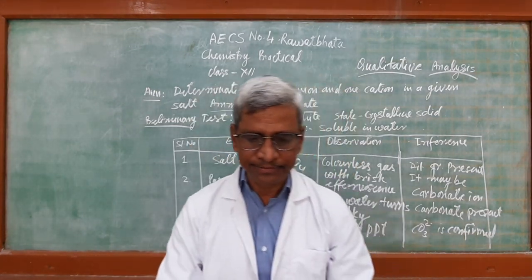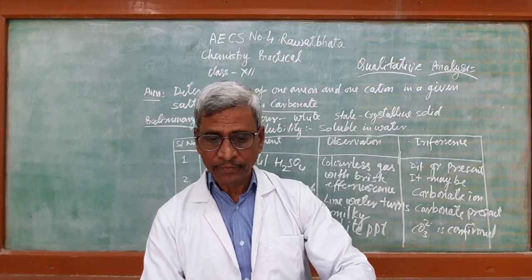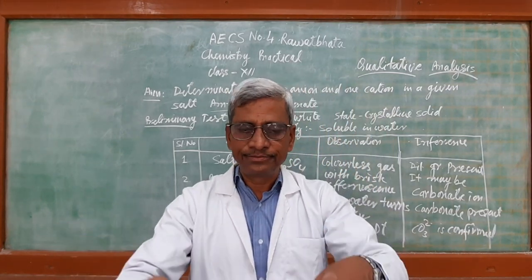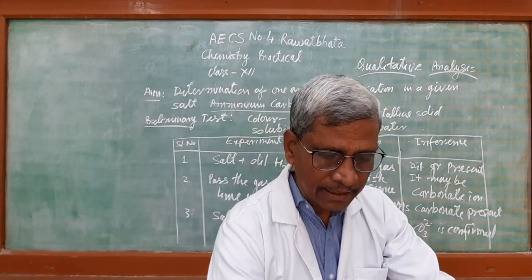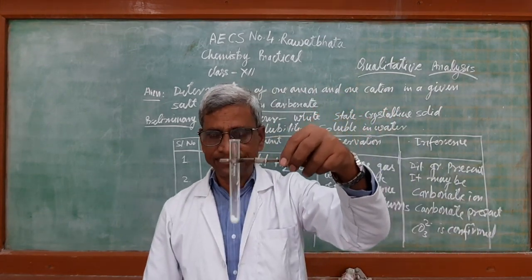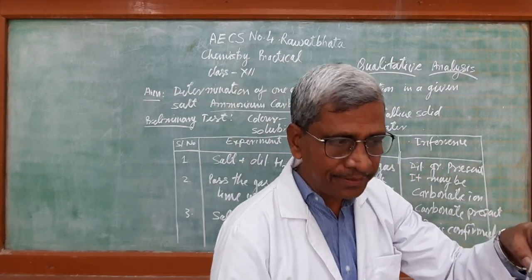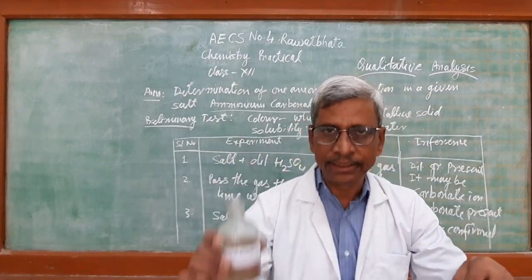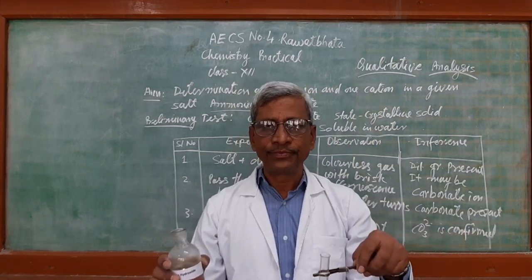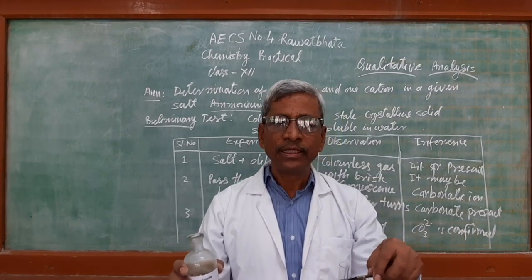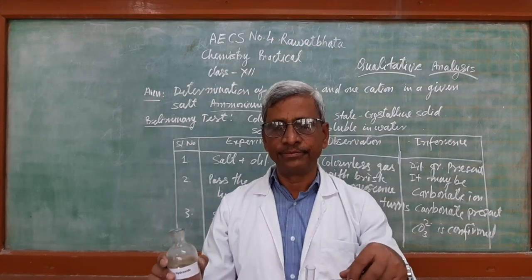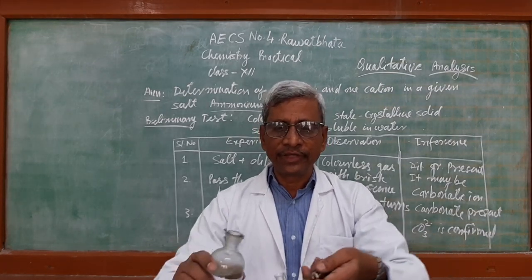Take the salt again, that white salt, in the test tube, here it is, and we are going to add sodium hydroxide. Actually, Nessler's reagent is a complex compound, K2HgI4. It combines with ammonia in the presence of water to form a colored material.